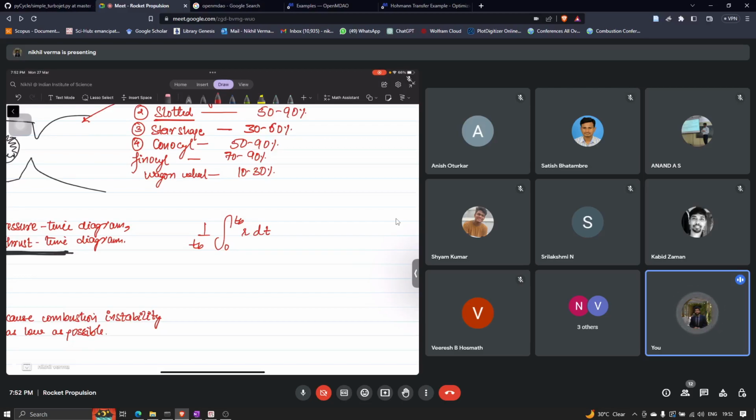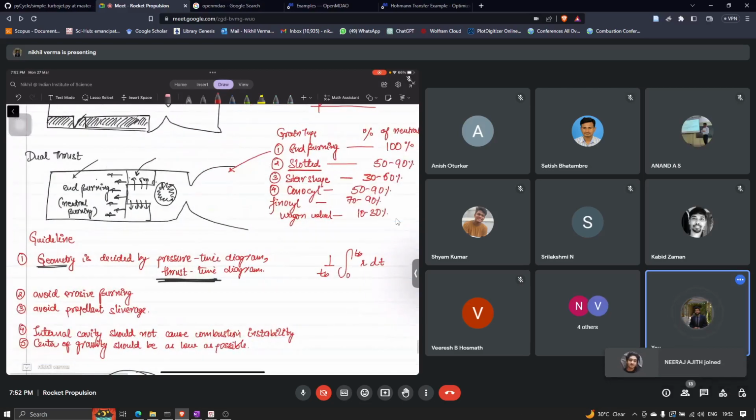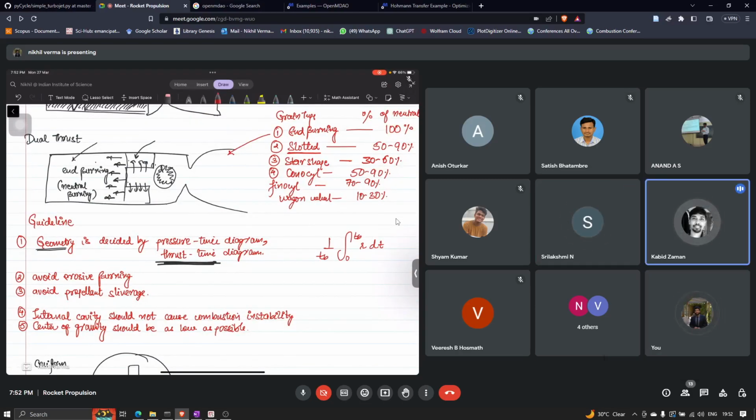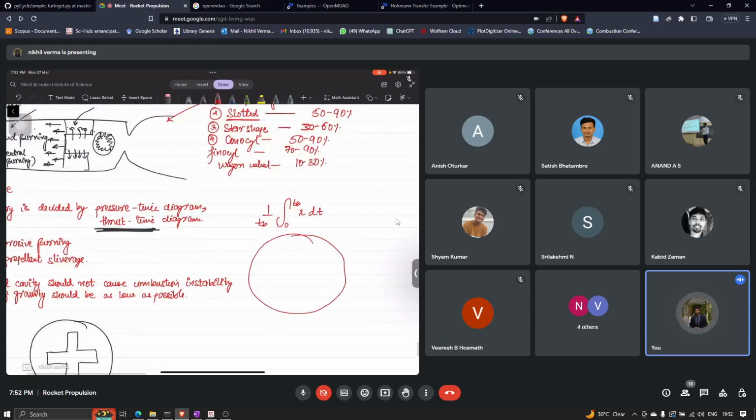Actually, to be honest, I have not seen the assignment. What you can also do is take this as r_i and this as r_naught, take a mean radius, and calculate based on that.